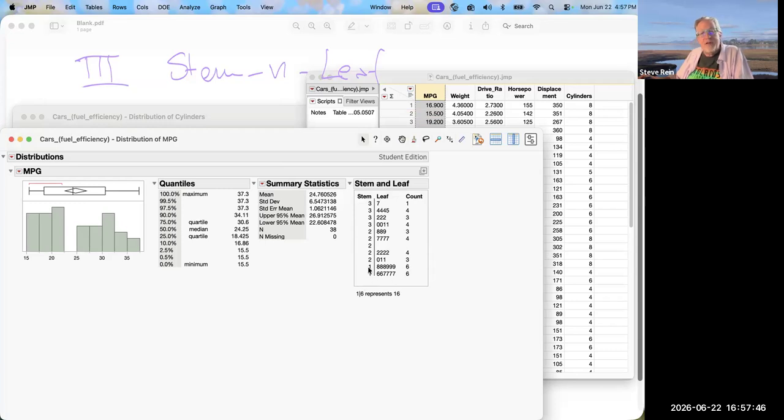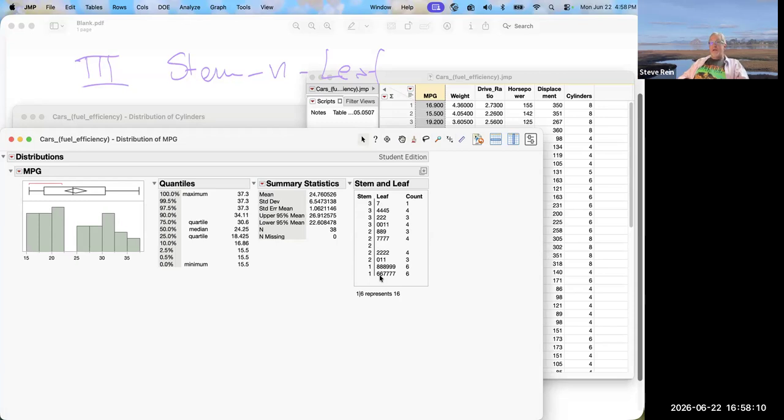So 16s and 17s, 18s and 19s, 20s and 21s, 22s and 23s, and there are no 23s. There are no 24s or 25s. For 26 and 27, there's only 27s. For 28 and 29, there are 3 in total: 2 are 28 and 1 is 29. 37 is the highest miles per gallon, and 16 is the lowest once we've rounded it.